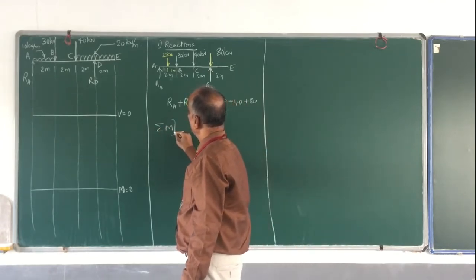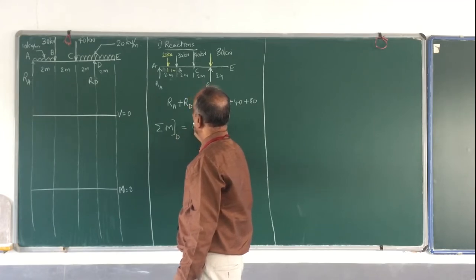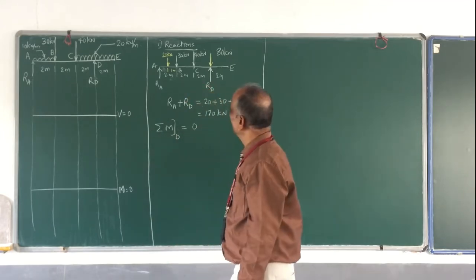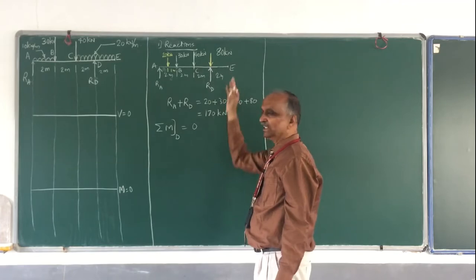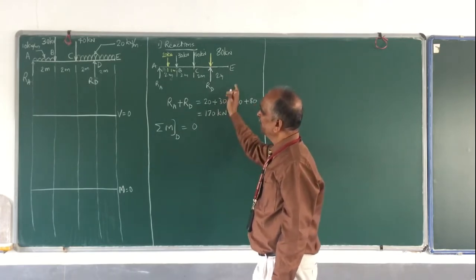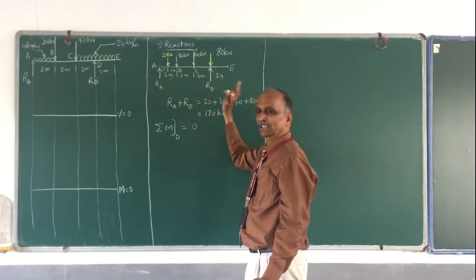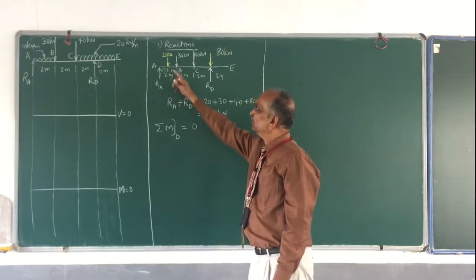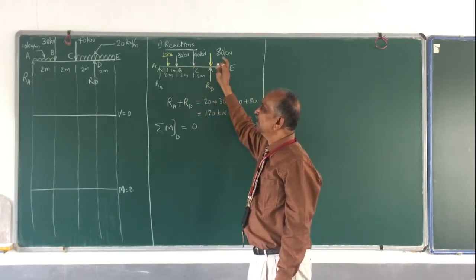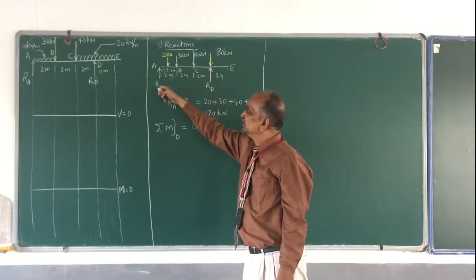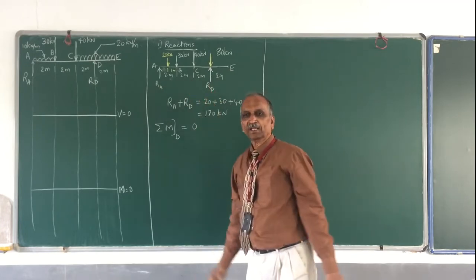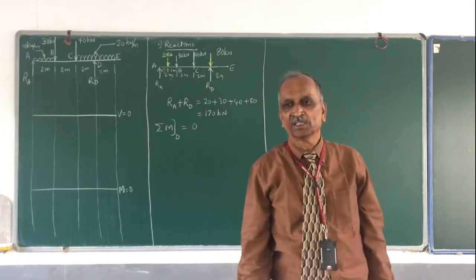So, therefore, sigma M about D is equal to 0. Okay, you can choose any other point also, but you have to choose either A or D. If you take moments about B or C or E, then both the reactions will be in the moment equation and the required equation you will not get.